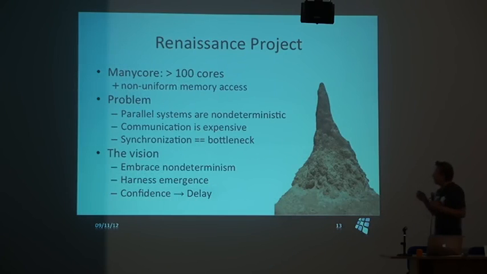One problem with that is, well, in general, people assume parallel programming is hard because of the non-determinism. And the main problem is you have to synchronize to get rid of the non-determinism, and that kind of communication is expensive.